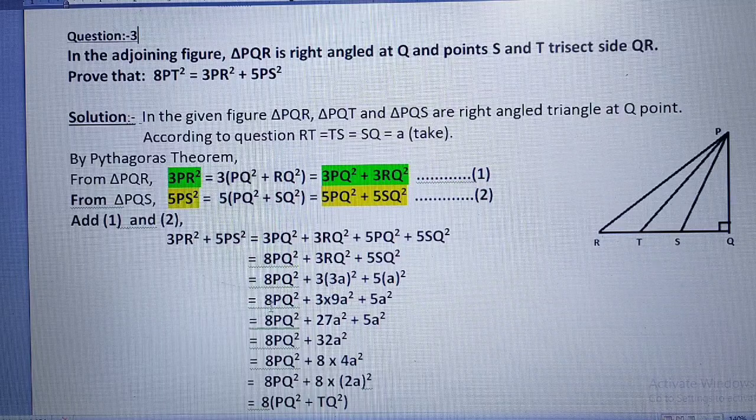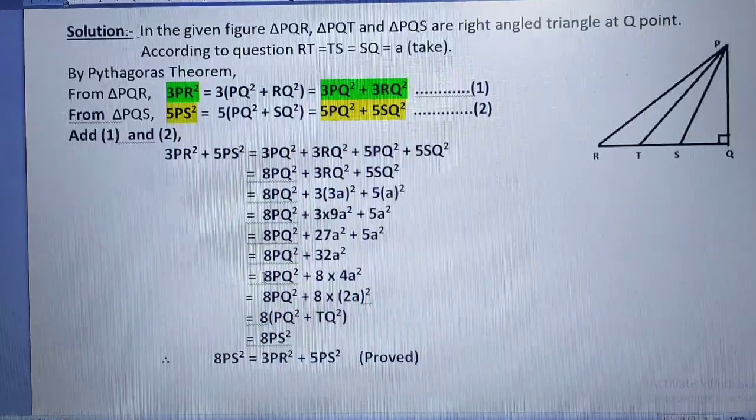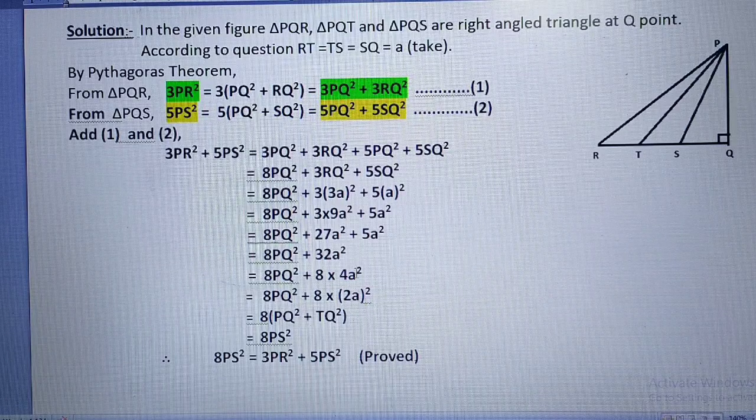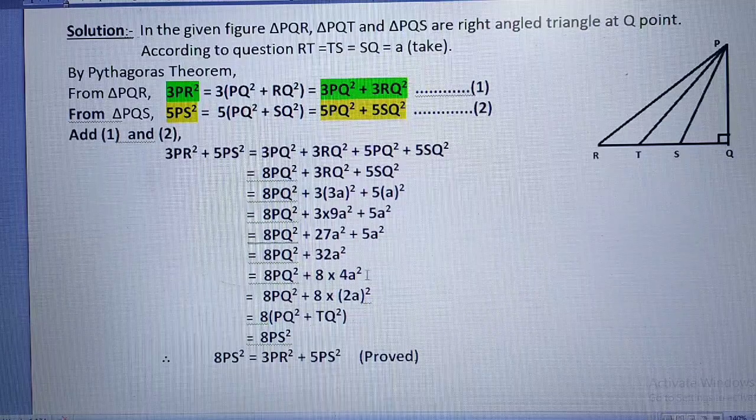Next step, 8PQ square plus 3 into 3a whole square, which is 9a square, plus 5a square. That is equal to 8PQ square plus 3 into 9, 27a square, plus 5a square. That is equal to 8PQ square plus 27 plus 5, that is 32a square. In place of 32a square, write 8 into 4a square.